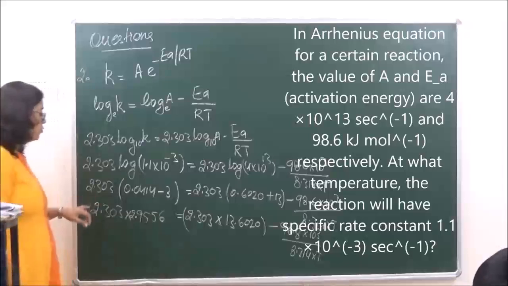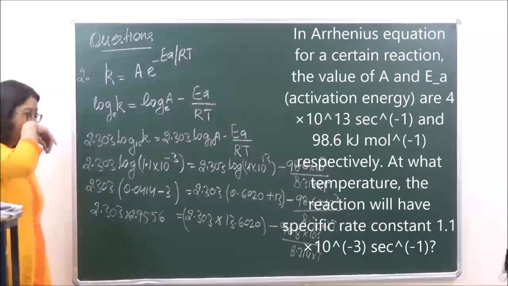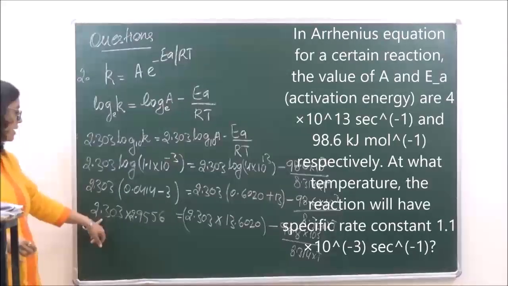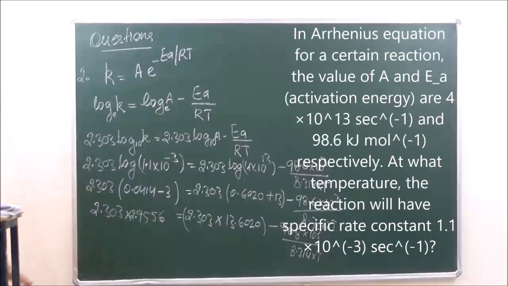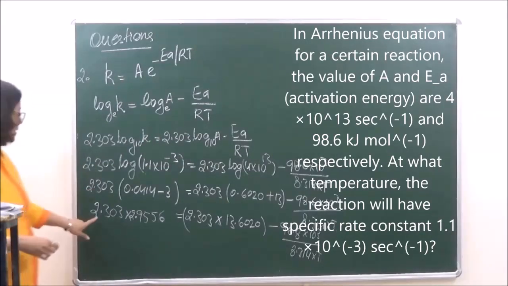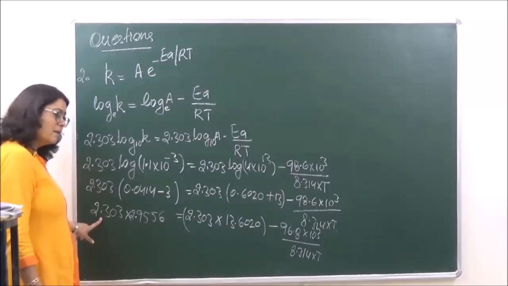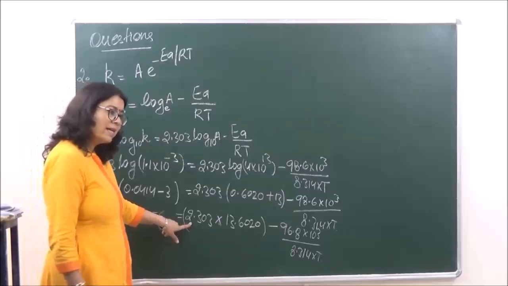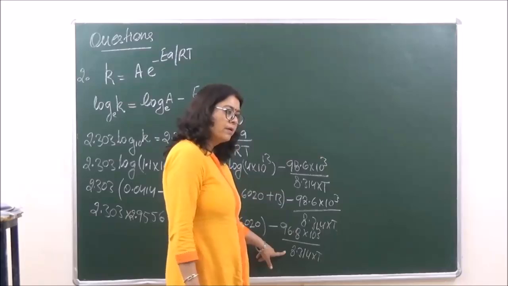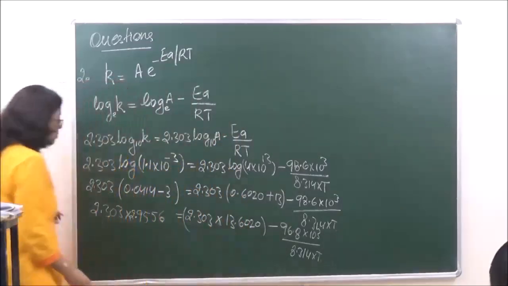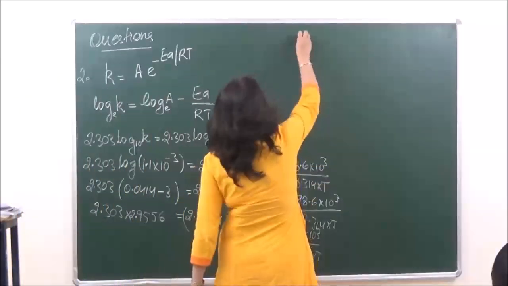Now in order to remove this 2.303 we have to take it as common, or we say that we divide the entire term by 2.303. This 2.303 gets cancelled, this 2.303 also gets cancelled. So now the figure becomes 2.9556.